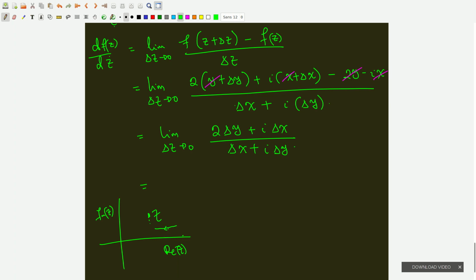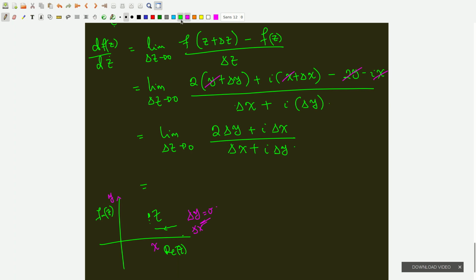In other words, if it is parallel to the real axis, that implies that our change in y is 0, and it is x which is varying, but our y is not varying here.